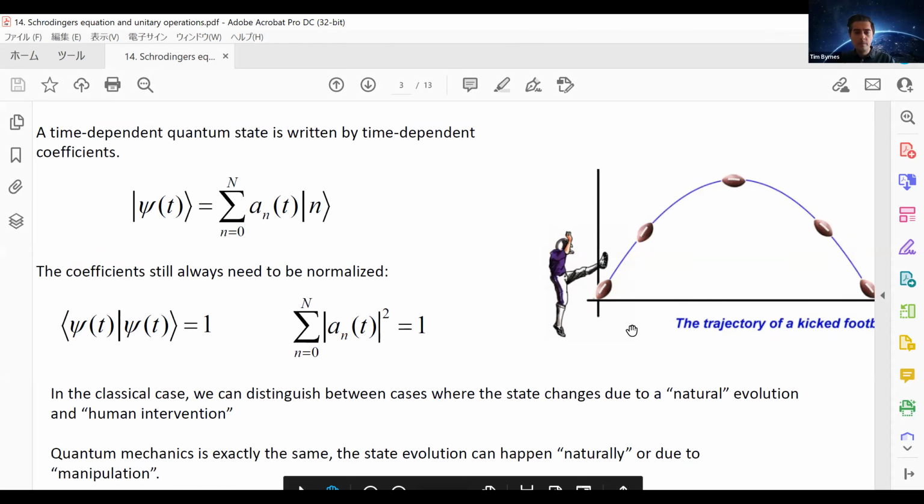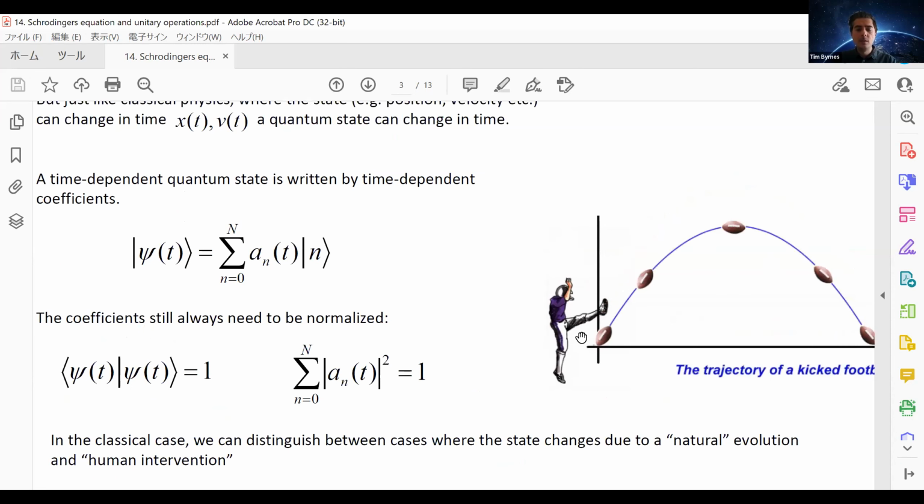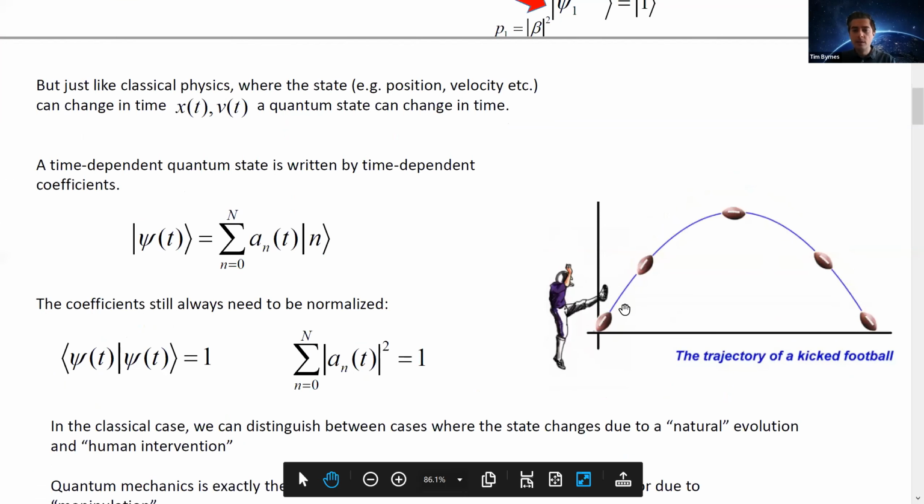Okay, so I was saying, how do we include the time variation into the wave function? Let's think about what we do in classical physics. Consider this example where you're kicking a ball.